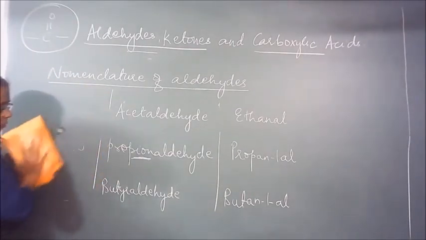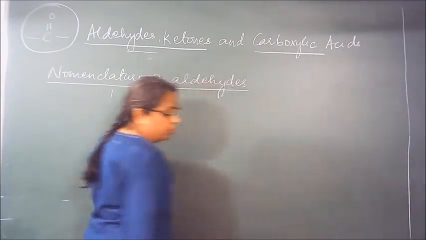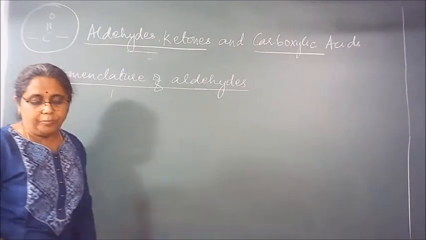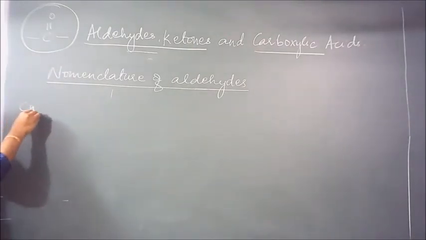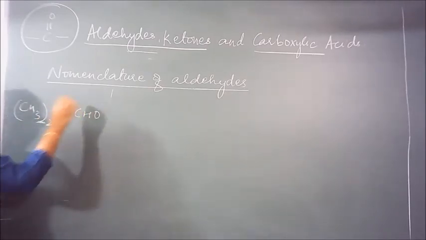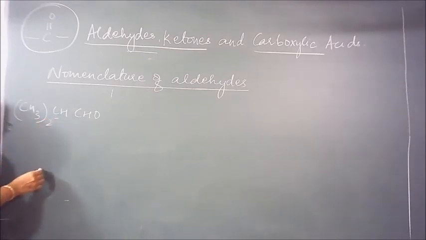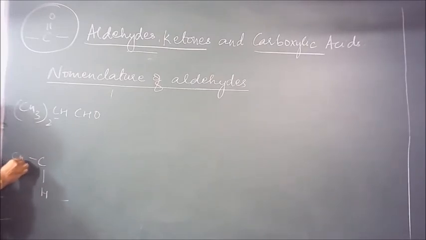Now, for further compounds, these were all very simple. Now we go to the next compound, (CH3)2CHCHO. We start from this carbon atom, which has an H, two CH3 groups, and a CHO.